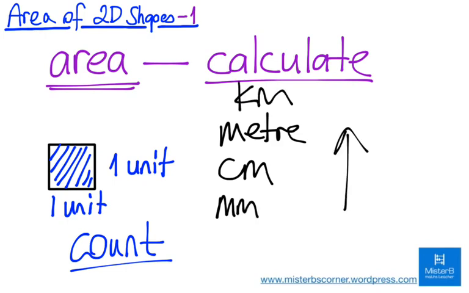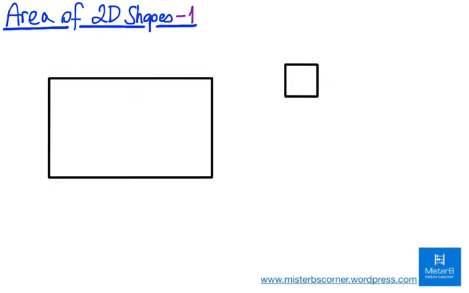So basically, we are going to use these units as the side length of our square, which we're going to use in counting. So to measure the area of such a rectangle, we just count how many such unit squares we have. So we just put 1 here, and then we keep on counting.